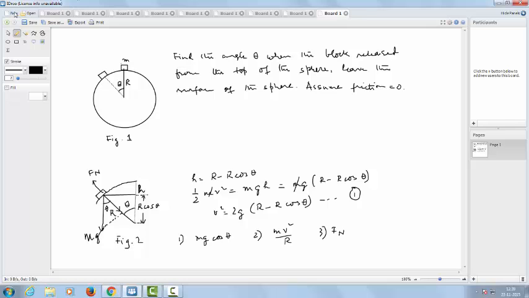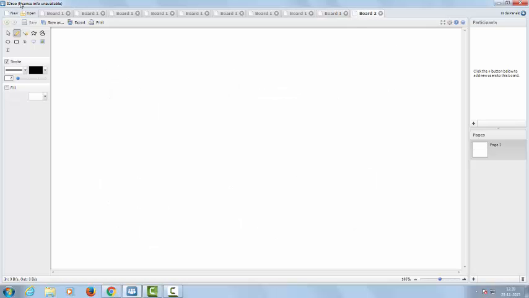Now we can write an equation for the forces. The normal reaction will be equal to the difference of the 2 forces, one due to the weight of the block, the second one due to the centrifugal force.